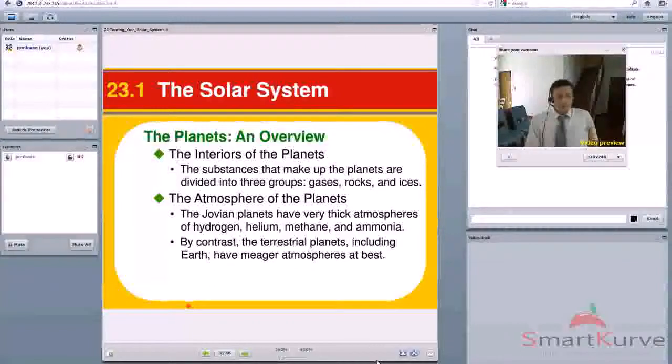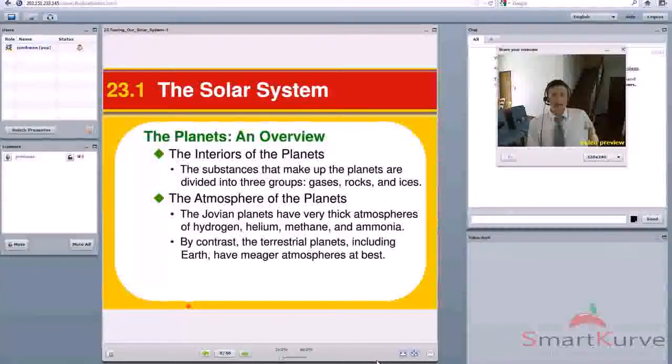For example, Jupiter has an atmosphere that is about 88% hydrogen and about 11% helium, and only 1% of the atmosphere is everything else: methane, ammonia. There's also some phosphorus and sulfur compounds, and we're going to talk a little bit about that later in the lesson when we take a closer look at Jupiter.